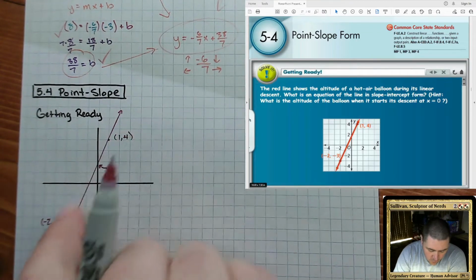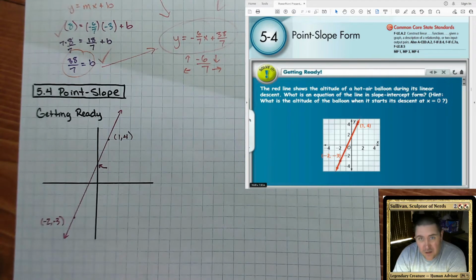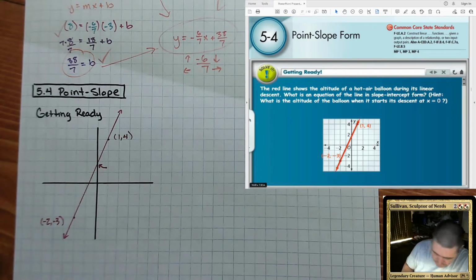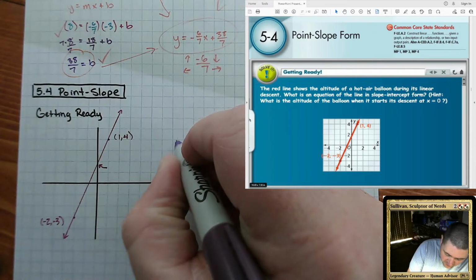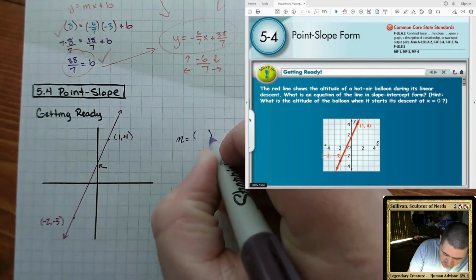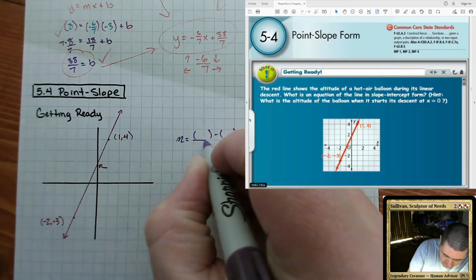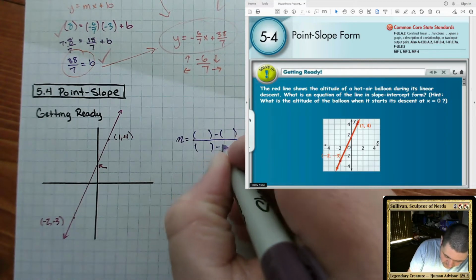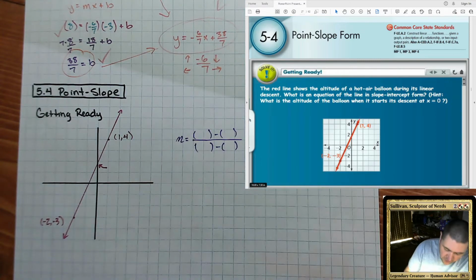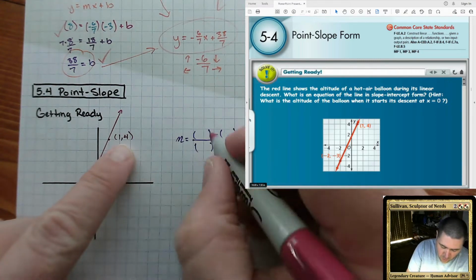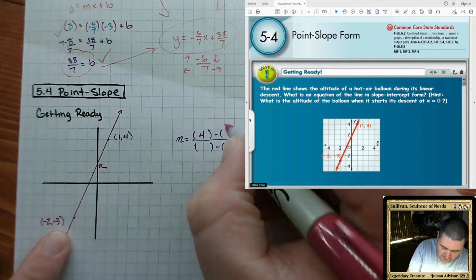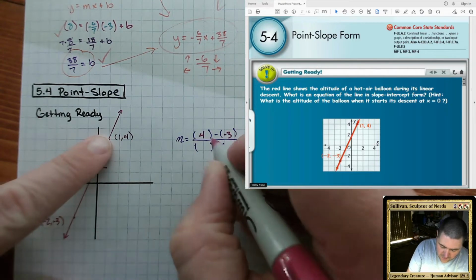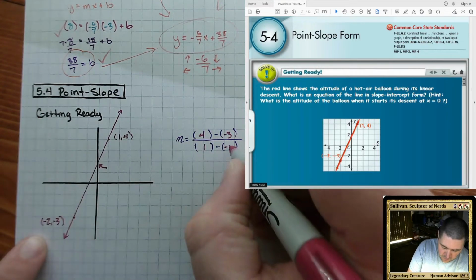So what we would do for this is exactly what we've been doing. I would first have to find my slope. And I would plug in my points, y sub 2, y sub 1, x sub 2, x sub 1.